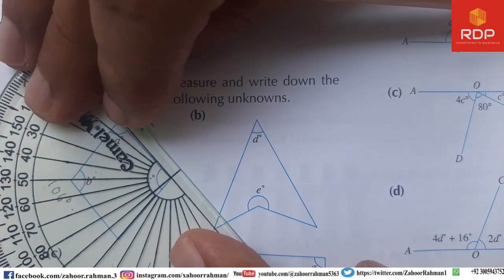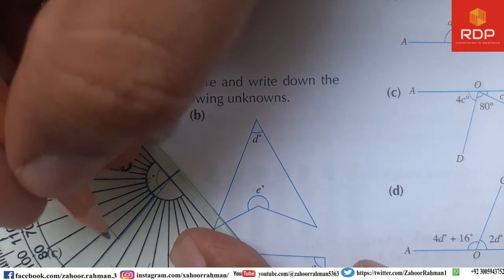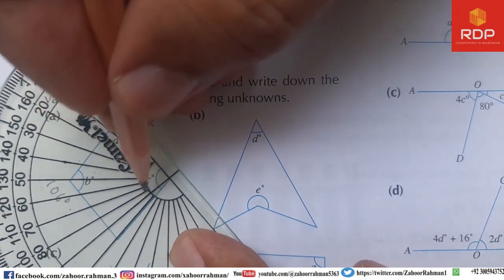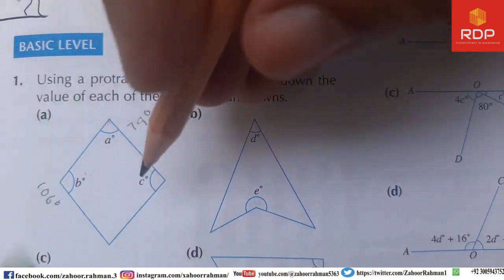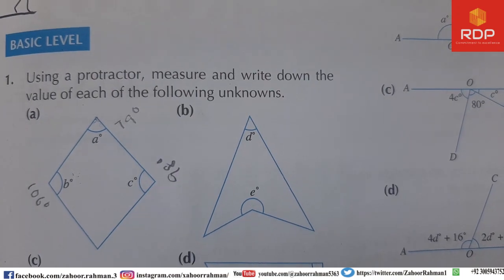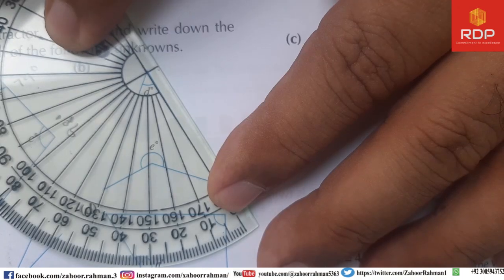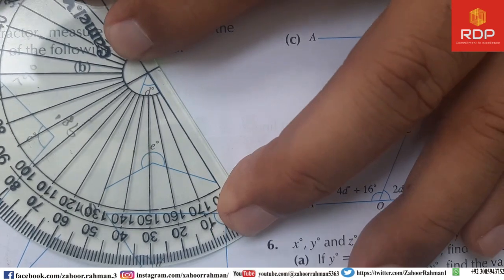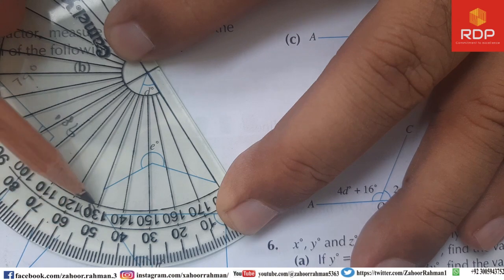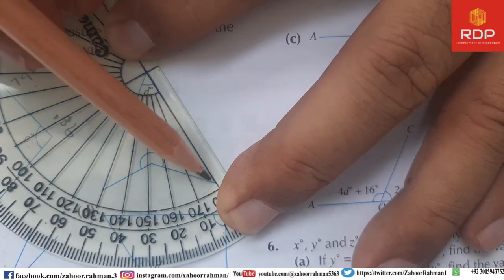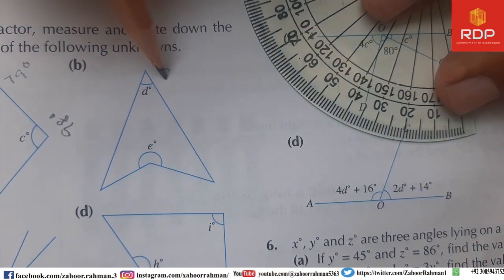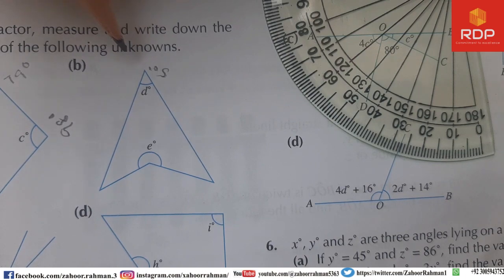So this line is showing us 99 or 98 degrees, so we are taking it as 98. Okay, ladies and gentlemen, in the B part, if we are measuring this angle, it is exactly at the 50. We put this line here, and this is on the 50. So D is 50 degrees.